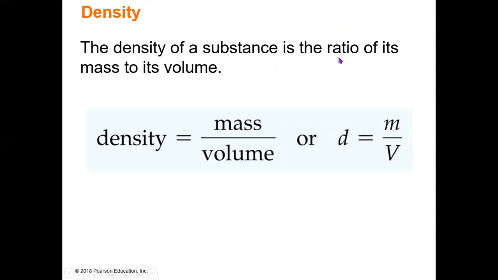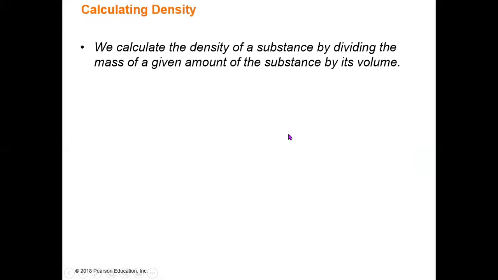Density of a substance is the ratio of its mass to its volume. So the equation for density is density equals mass over volume, or D equals M over V. We calculate the density of a substance by dividing the mass of a given amount of the substance by its volume.